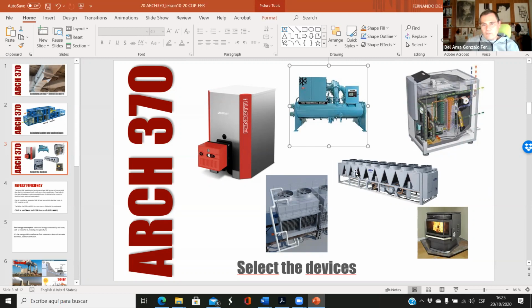If we don't have enough roof area, can we use those devices? Probably not, and then we have to use these ones. If we are using a ground source heat pump, we know that we need to dig a lot of boreholes, and this is quite expensive. So those are constraints: space, budget. But if we don't have any constraint, we should be able to select the most efficient one.